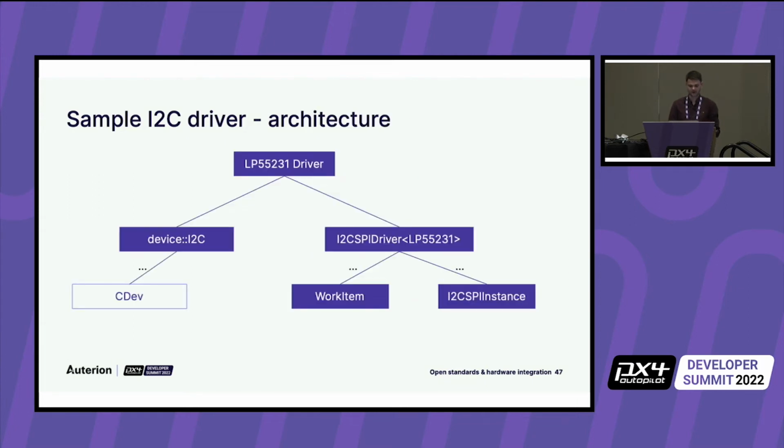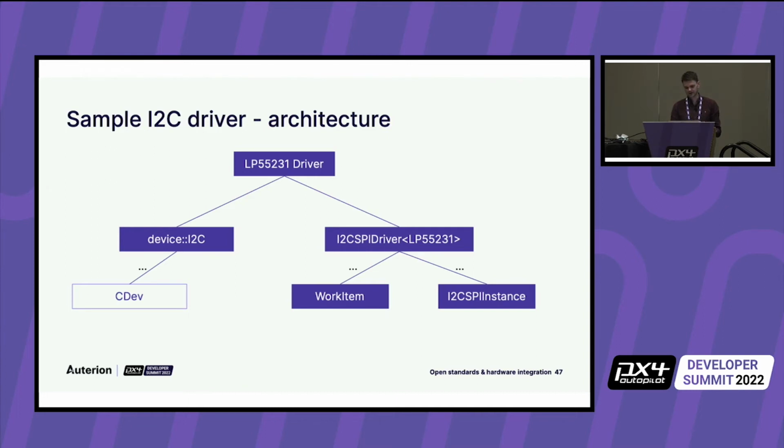In that case, it's an I2C device. So the easiest way to start with any new driver in PX4 is you just look at other drivers, right? For an LED driver, there are already, I think, 2 different chips that are well supported within PX4. So if you look at the structure of these drivers, you get a very good idea of how it should be done.